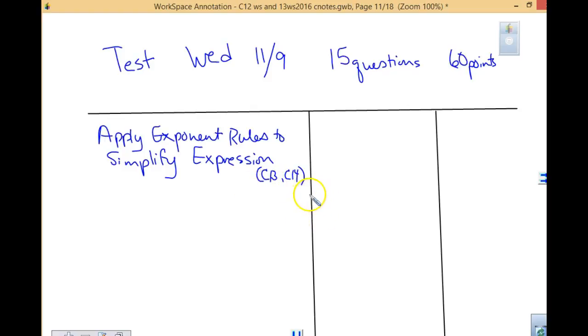It's the first units C1 through C6 that we did. There are going to be 8 questions. Most of them are 4 points each, which means you get 32 points on exponent rules, over half the test.